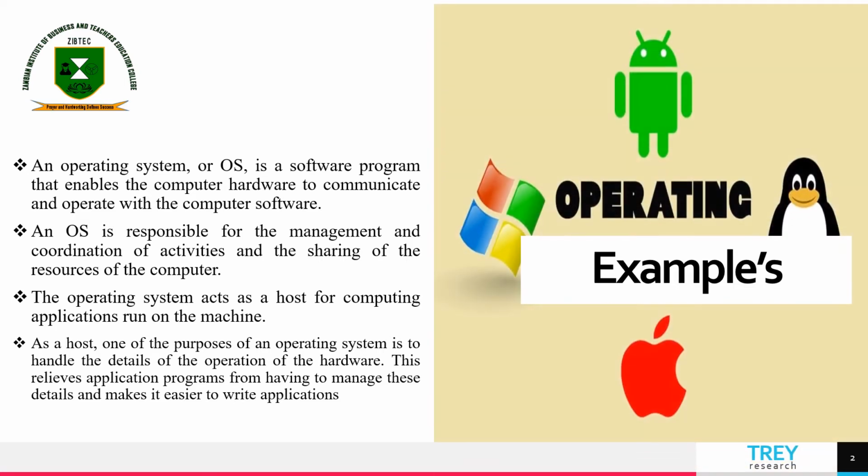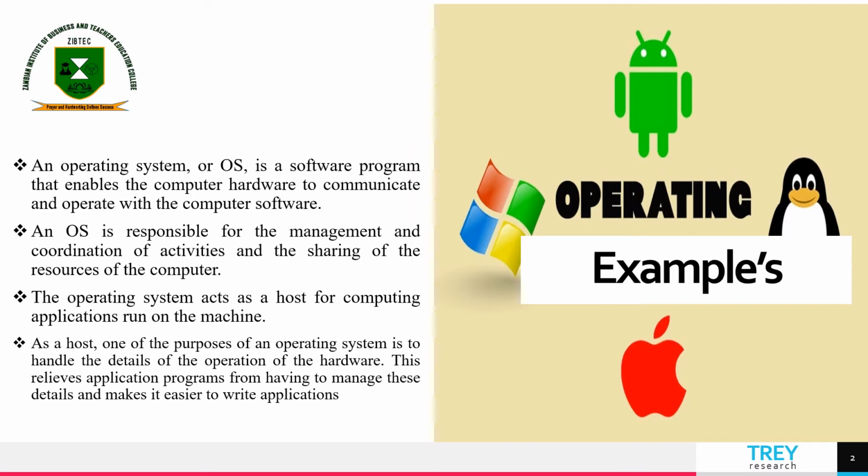Let's make progress. If you look at here, this yellow one which looks like a robot is a type of operating software that is mostly used on Android phones. This one here which has four colors, red, green, blue and yellow, represents the Microsoft Windows operating systems.